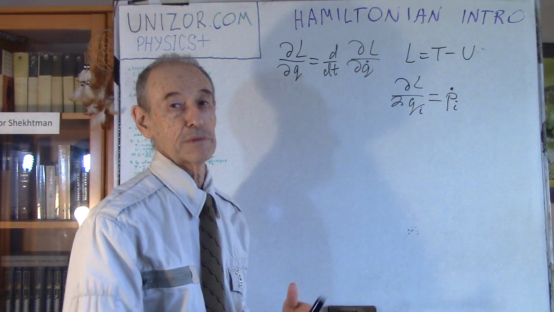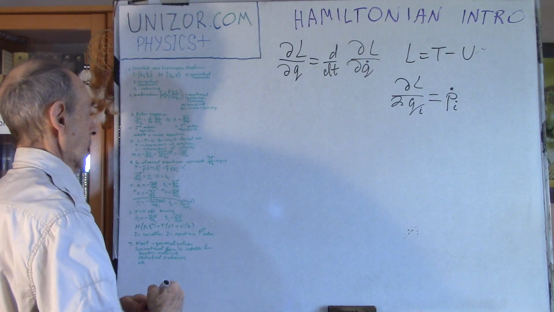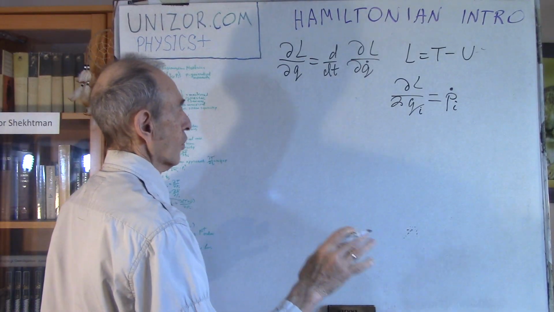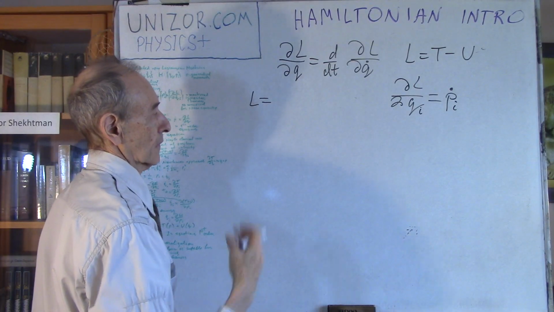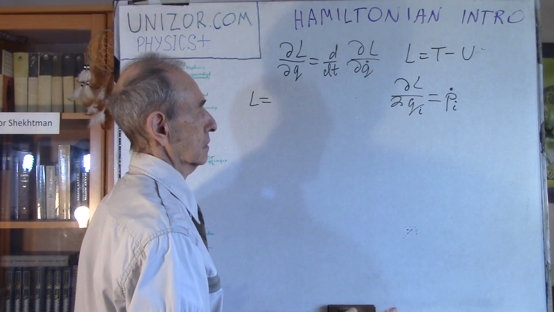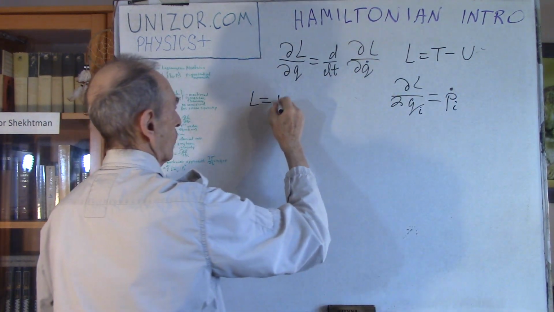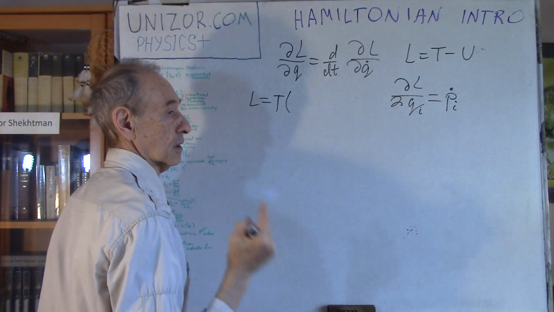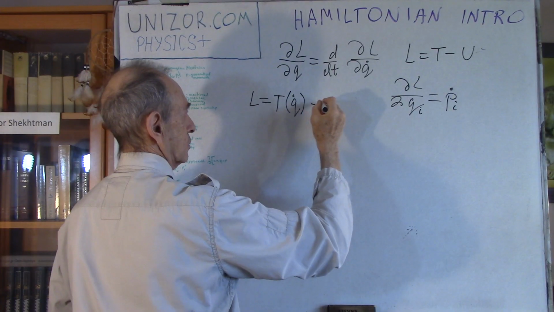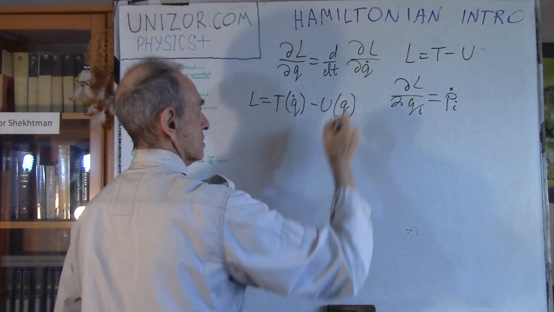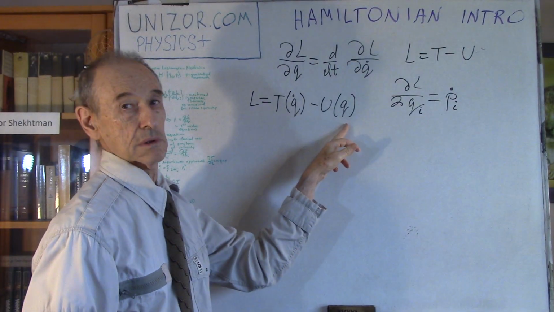And now I'm introducing a very easy solution to this problem, which leads us to Hamiltonian equations. And here it is. Let's just recall that in most of the simple classical mechanical systems, we have this thing where T is a function of velocities and U is a function of coordinates. Kinetic energy does not depend on position.